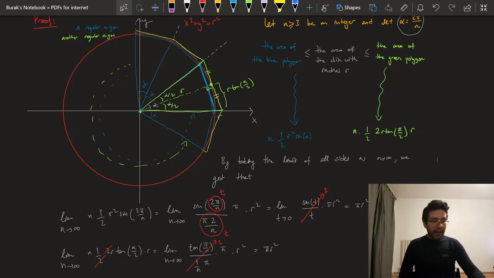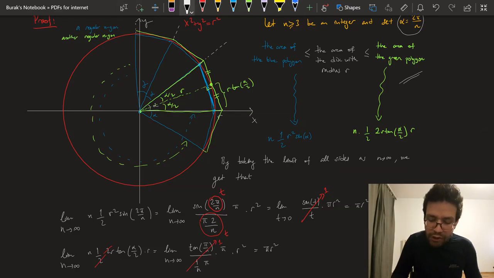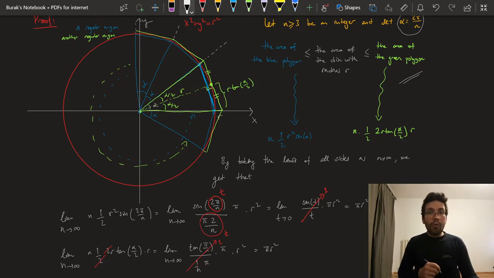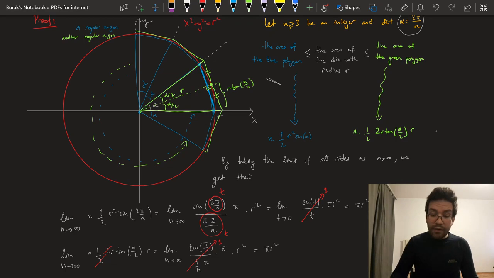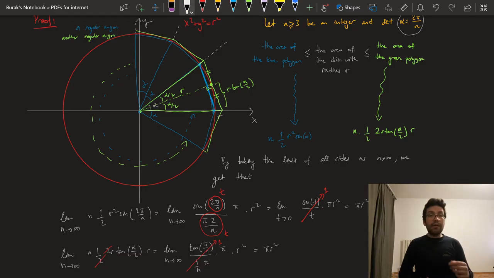Instead of the expression you see over here, I'm going to have what will be called upper Riemann sums, and instead of the expression here, I will have lower Riemann sums. If my upper and lower Riemann sums approach the same number, that number has to be my area, and that will be called the definite integral of a function over an interval.